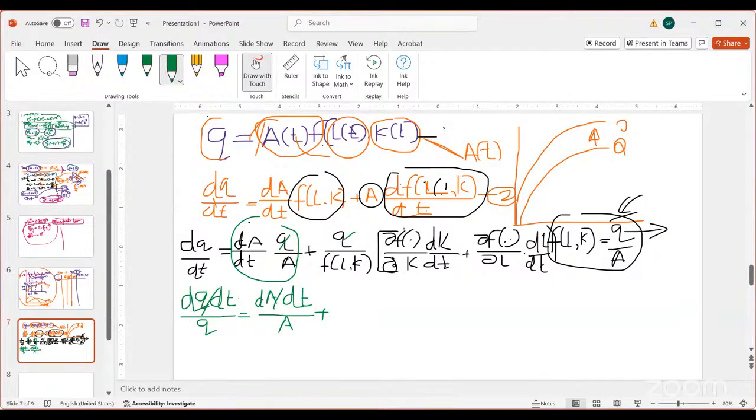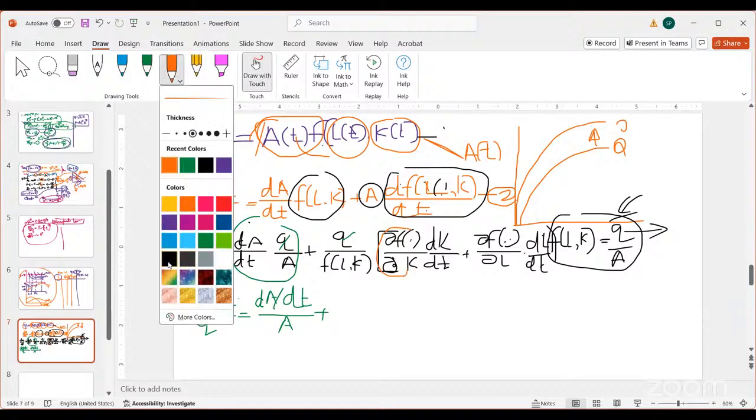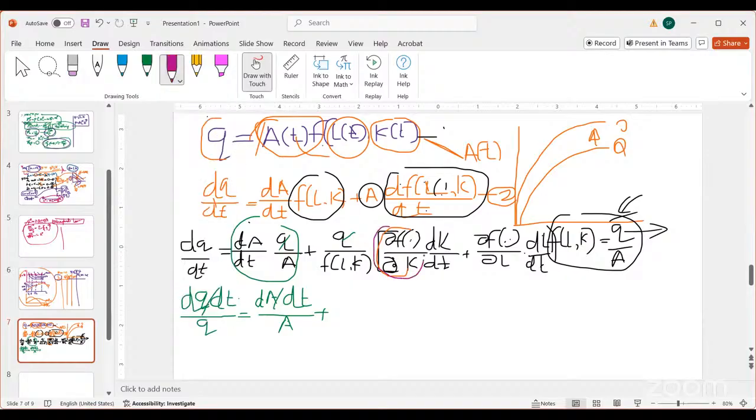So this part, just to understand, I hope you know that it becomes the marginal product of capital. So this part becomes the marginal product of capital.